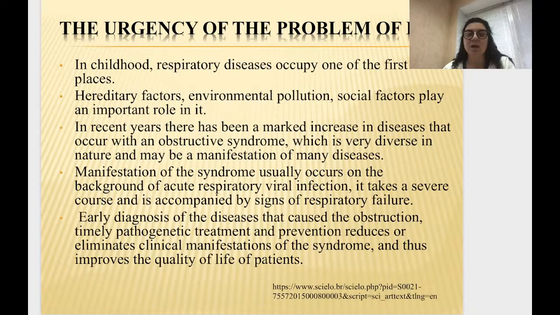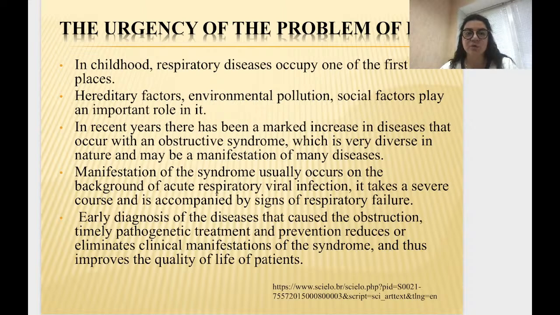What is the urgency of the problem of bronchoobstruction? In childhood, respiratory diseases occupy one of the first places in general morbidity in the world in pediatric practice. Hereditary factors, environmental pollution, and social factors play an important role in it. In recent years, there has been a marked increase in diseases that occur with an obstructive syndrome, especially in children, which is very diverse in nature and may be a manifestation of many diseases.